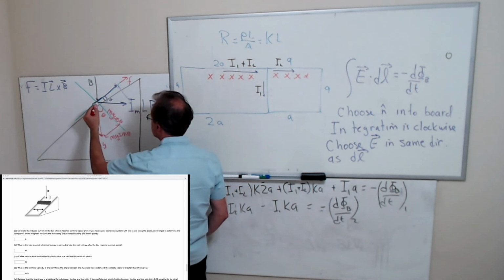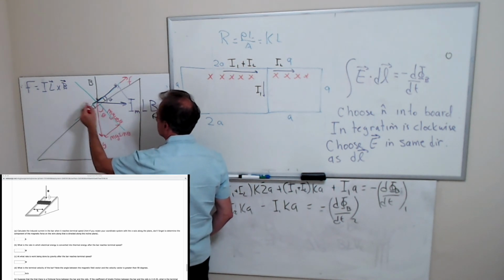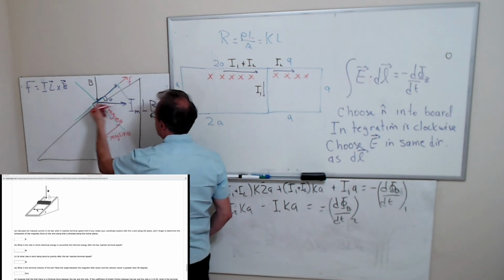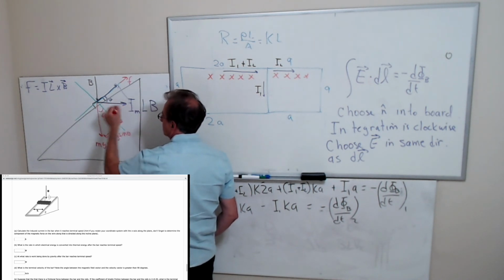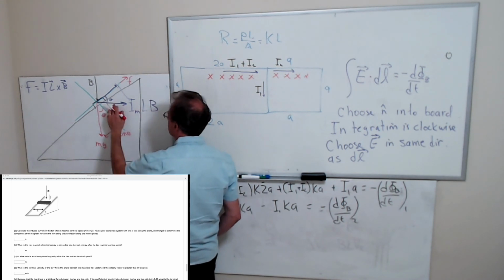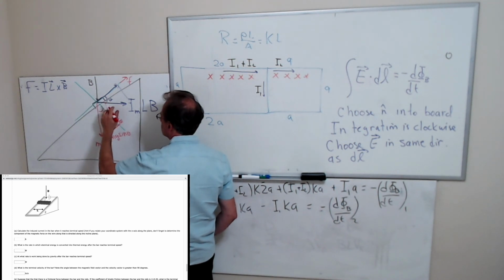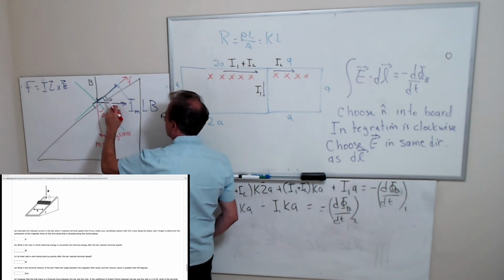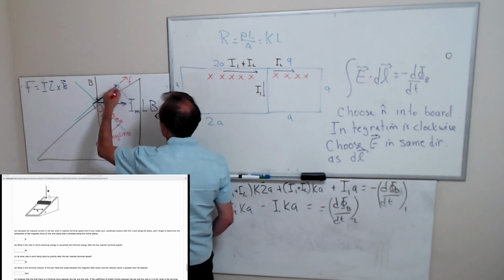But the resistive force due to I L cross B has got to be in this direction, because if it were in this direction, this thing would accelerate. So this is ILB. And because we usually rotate the coordinate system, this force will have a component along the plane and one perpendicular to the plane.